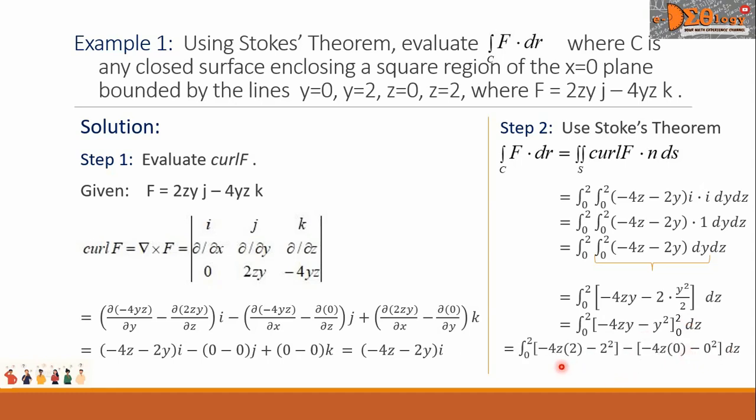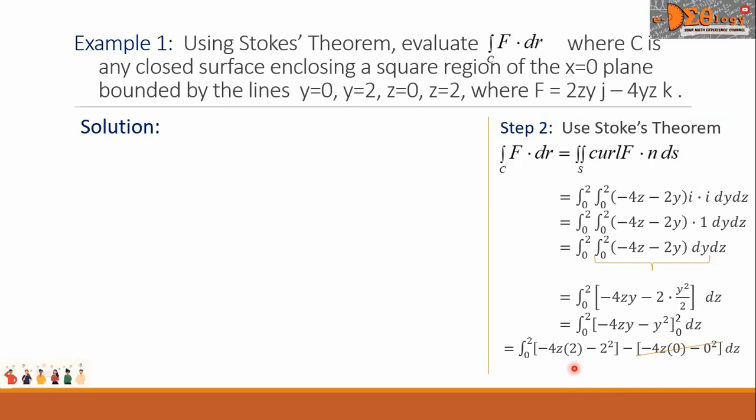The first group will be the evaluation of this function at 2, minus the second group, that is, we evaluate this function at 0. Because of the 0, we can cancel the full second group. Now let us simplify the first group. So the first group becomes negative 8z minus 4.